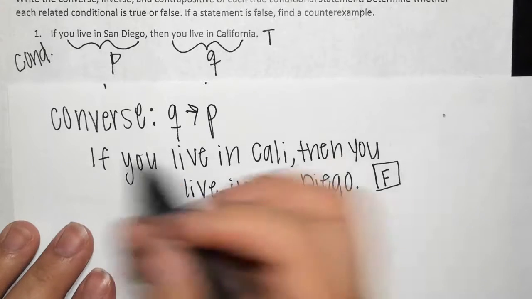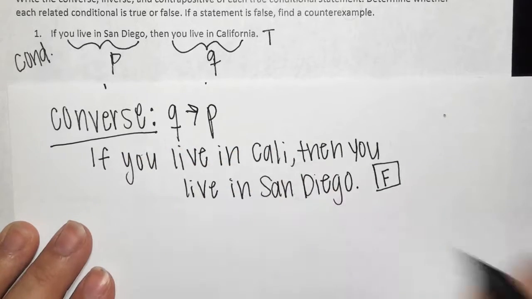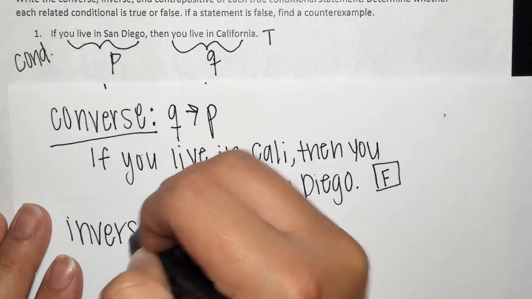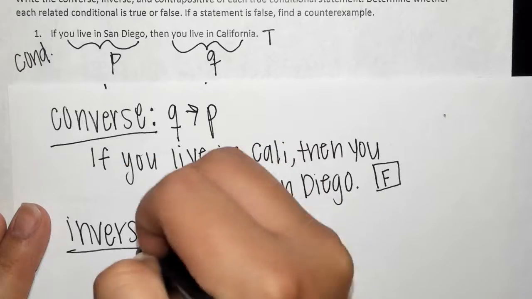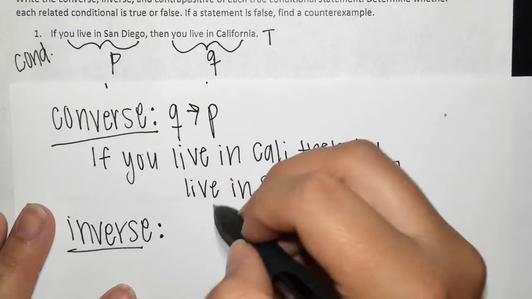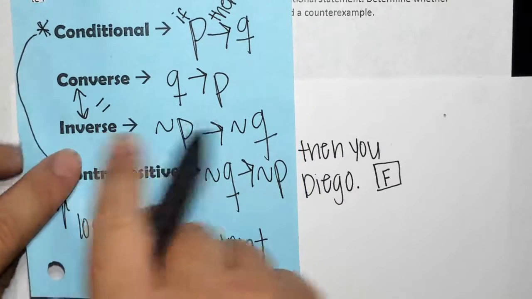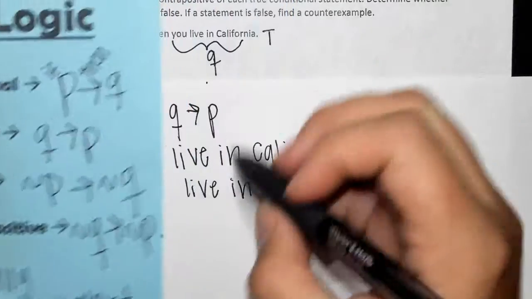Okay, we write the converse. Which one comes next? Inverse. If the converse is false, what's the inverse? No, false. They're the same. That's okay. Okay, what's the symbol for inverse? Now look here. Let's look at the symbol for inverse, and let's write it down.